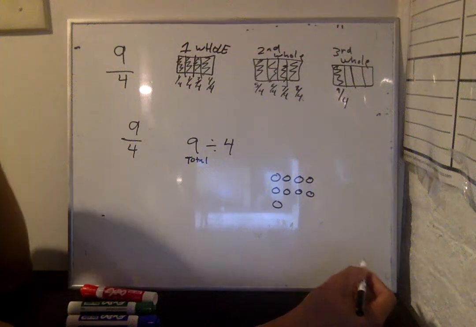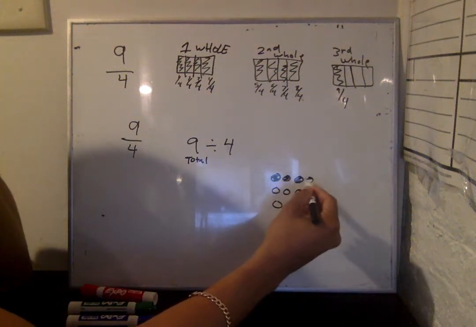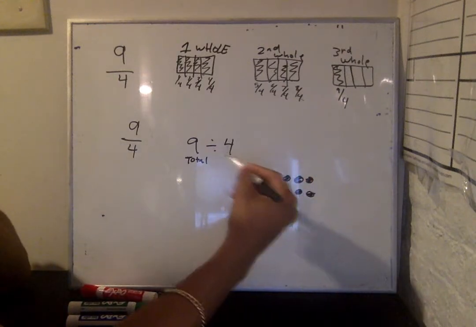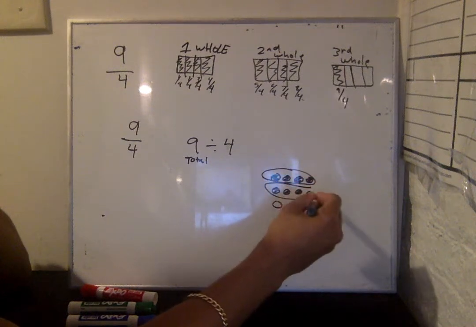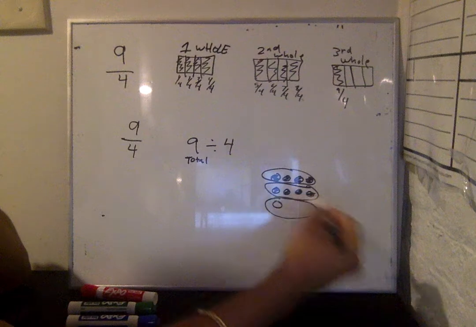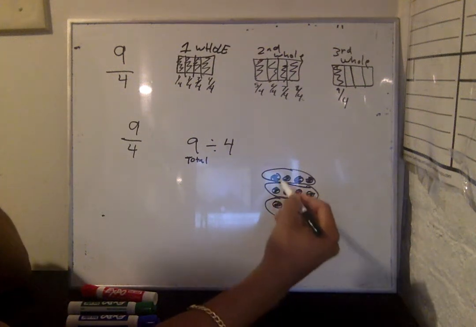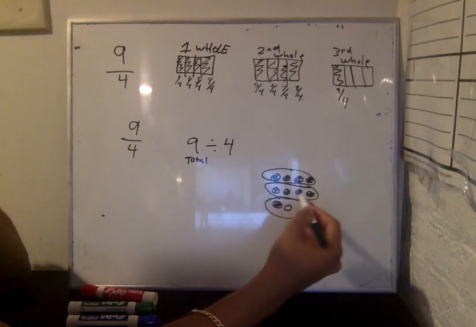Now, what I want you to do, I'm going to shade those in. These are the 9 total that I have. But as you can see, I don't have another complete group of 4. So this is the 9. 1, 2, 3, 4, 5, 6, 7, 8, 9.